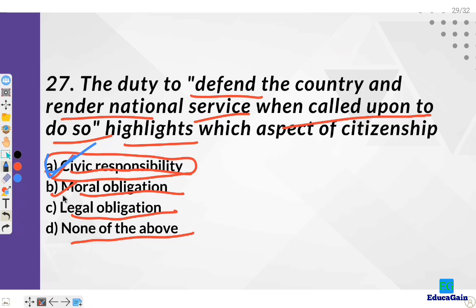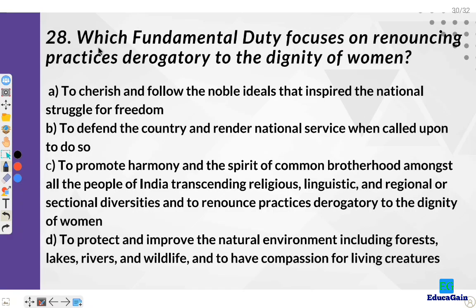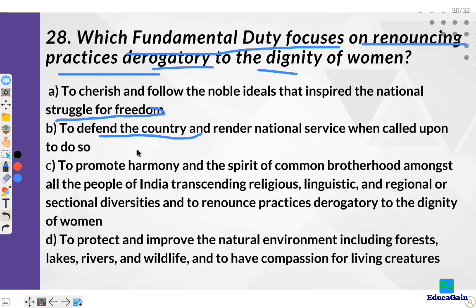Okay, question number 28. Which fundamental duty focuses on renouncing practices derogatory to the dignity of women? A, to cherish and follow the noble ideals that inspired the national struggle for freedom. B, to defend the country and render national service when called upon to do so.